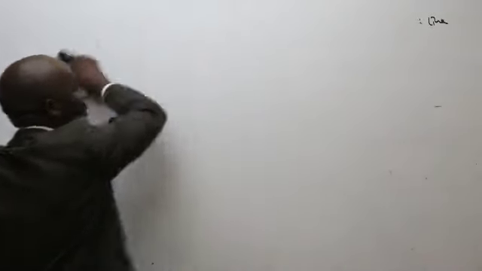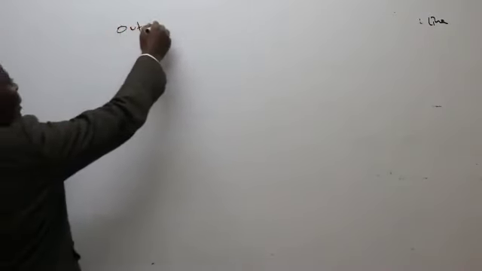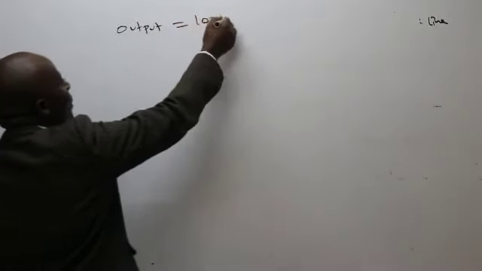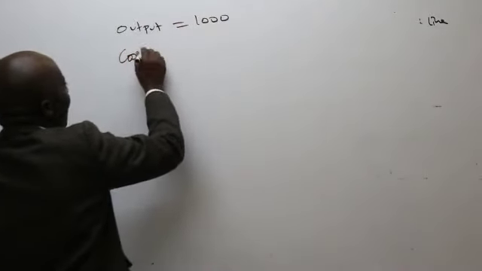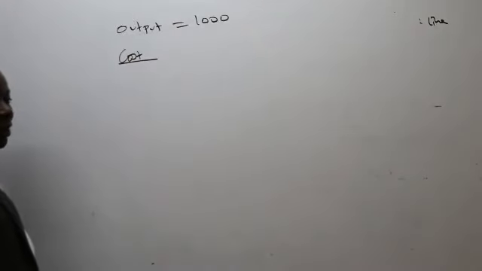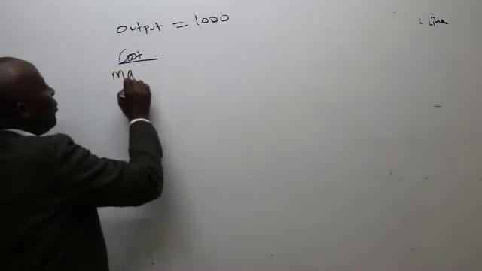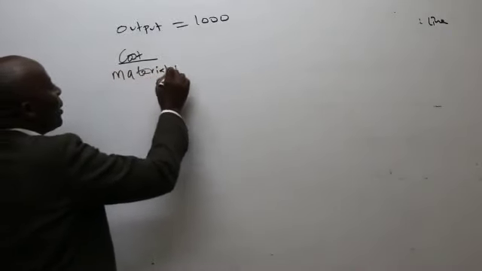Consider the following information. The output was 1,000 units. We have the costs, of which we shall begin with material cost.